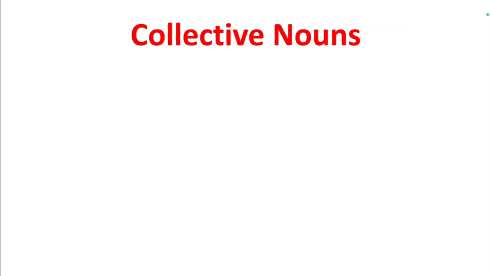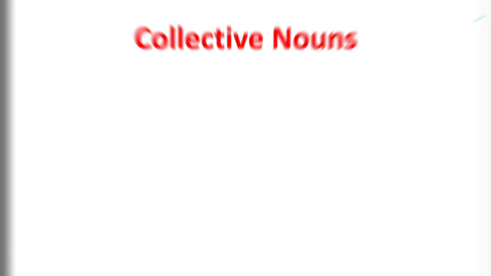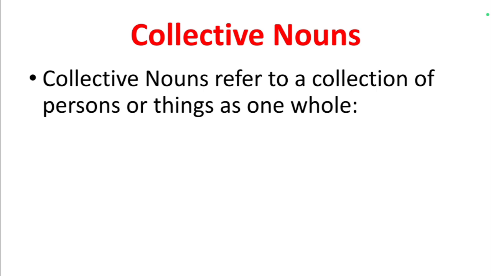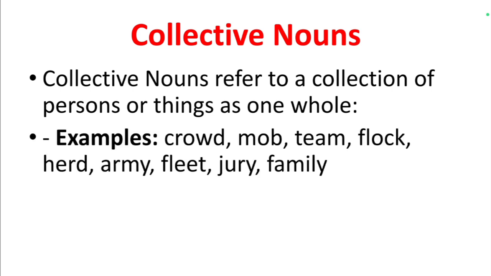Now let's know about collective nouns. A collective noun refers to a collection of persons or things as one whole. For example, crowd, meaning a collection of people, so many people. Mob is also a collection of people.